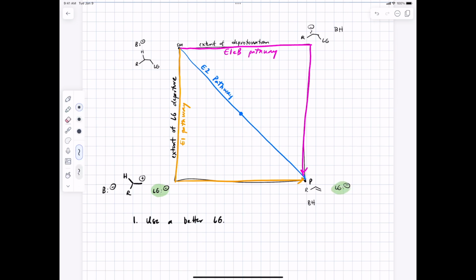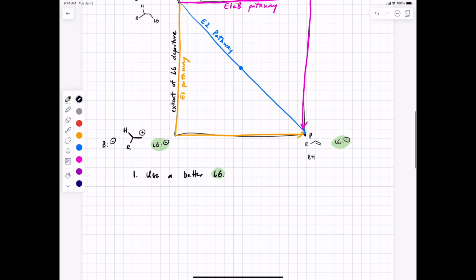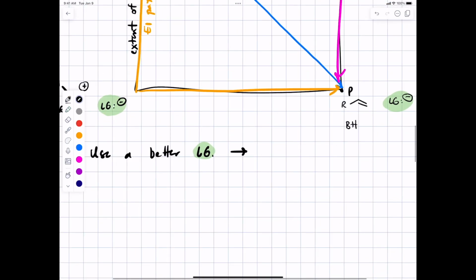Using a better leaving group means that wherever the leaving group is in our diagram decreases in energy.